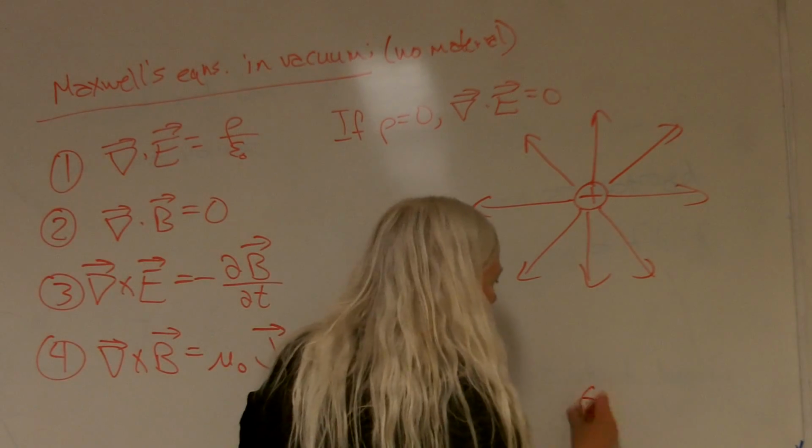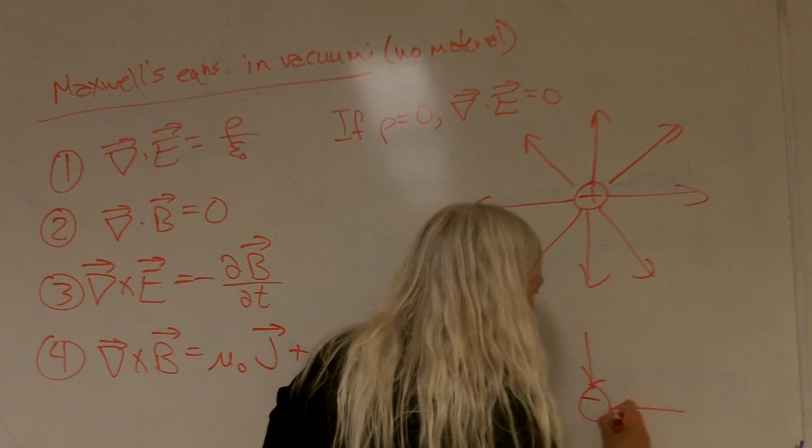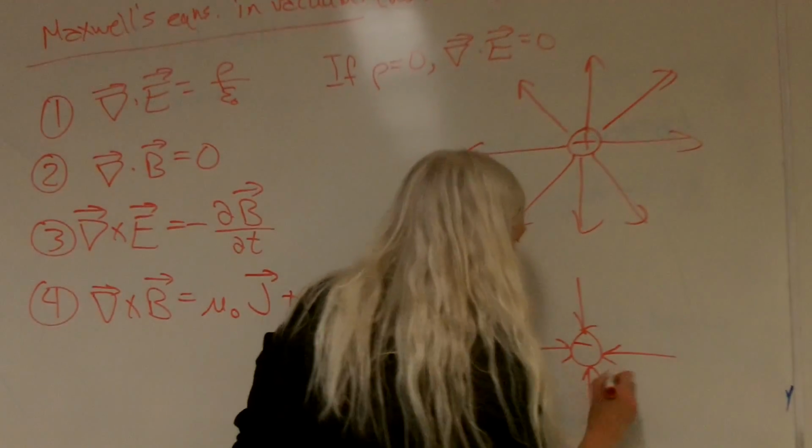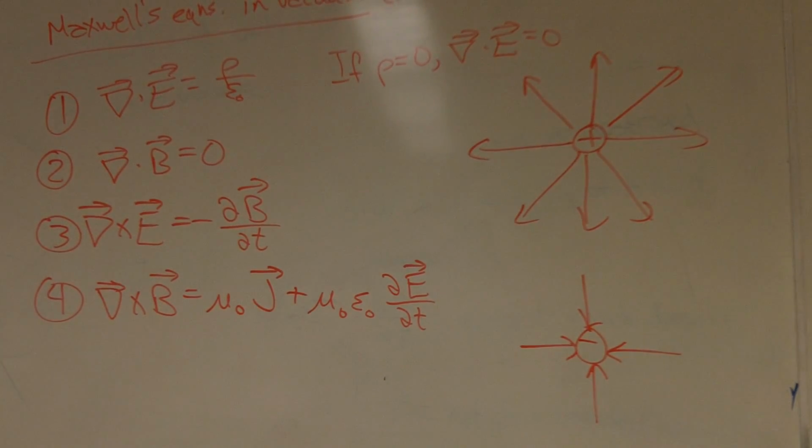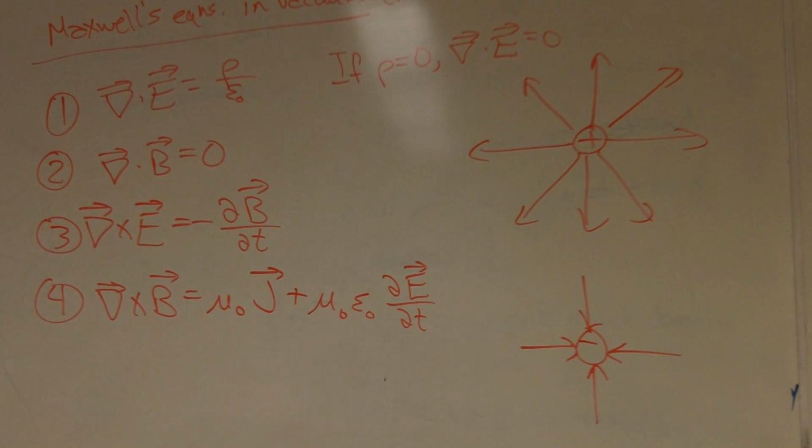Similarly, for a negative charge, we know the field lines point inward towards it. Pointing inward, as we just talked about, means a negative divergence. So the divergence is negative if rho is negative. Makes complete sense. What about the second one here? The divergence of B, the magnetic field, is 0. Well, there's no such thing as magnetic monopoles, right?